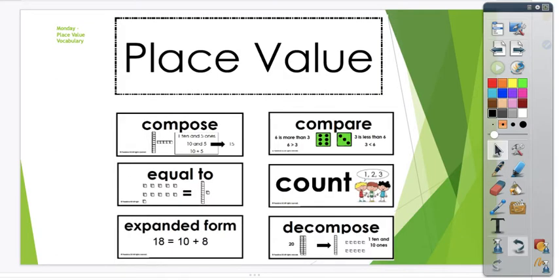All right. Now we're just going to go over some vocabulary for place value. When we compose, we take our tens and our ones and we make our number. So in our example, we have 1 ten, which is 10, and 5 ones, which is 5. 10 and 5 equals 15. All right, now equal to.